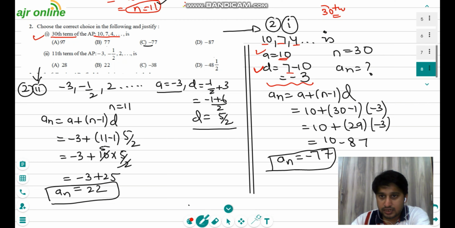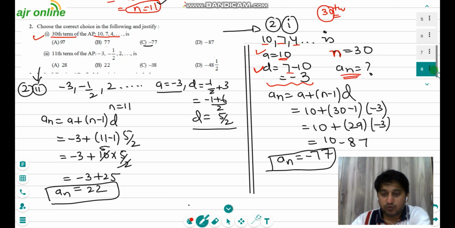Now you have to find the 30th term. It means the number which is at the 30th place, that you have to find out. It means n is 30. You have to find an, because you have to find the value of the number at the 30th place. I have already told you that the value of a number is an.